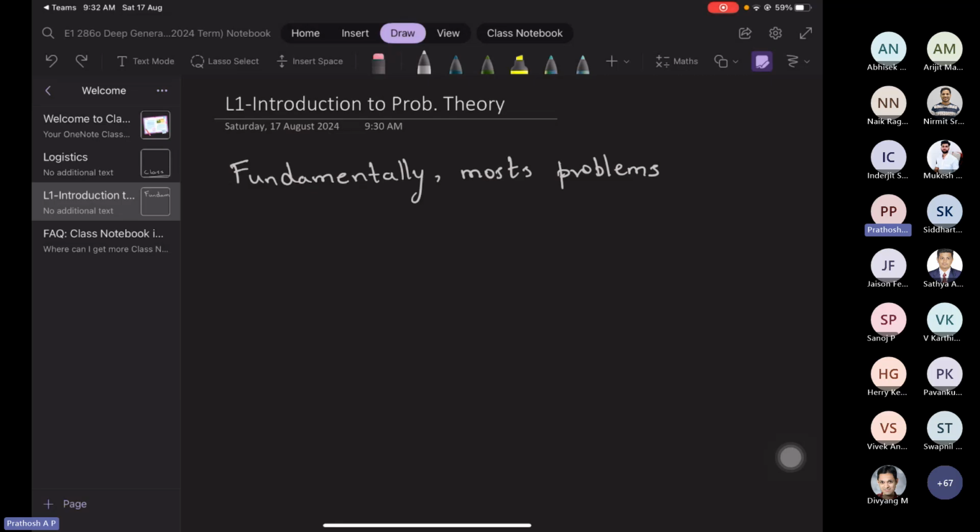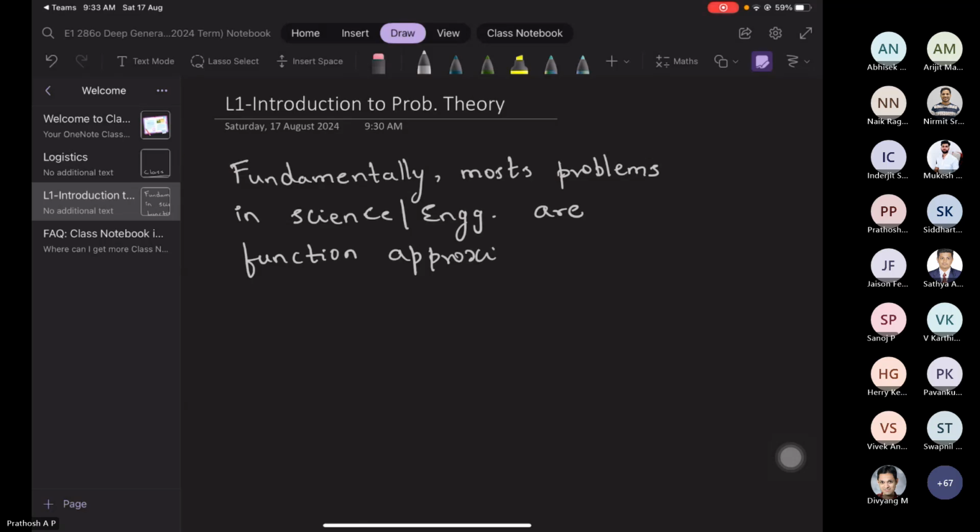Fundamentally, most problems in science and engineering, CIE and CE, are function approximations. What do I mean by this? Most problems that you get in science and engineering are concerned with function approximations.